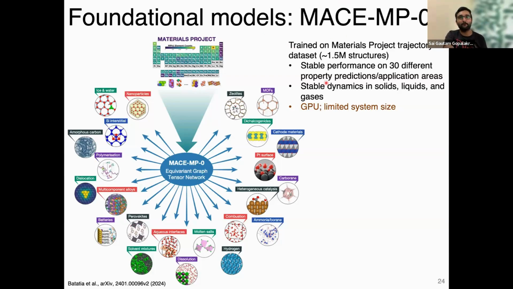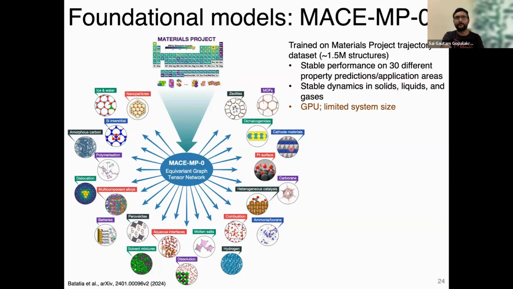So this MACE model here is a graph neural network model, right? So it uses both the principles of message passing and equivariance. And using these, it was trained on the Materials Project trajectory dataset, so about 1.5 million structures. And it is able to predict the behavior of a wide range of materials here. So ranging from pure metals to cathode materials for lithium-ion batteries.